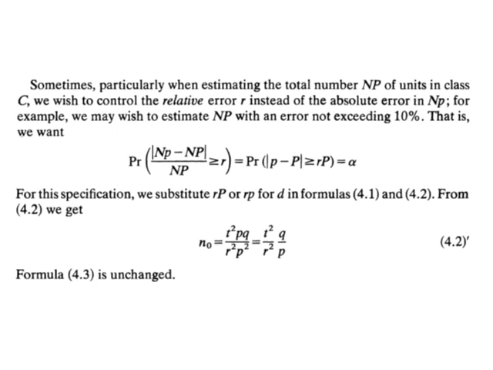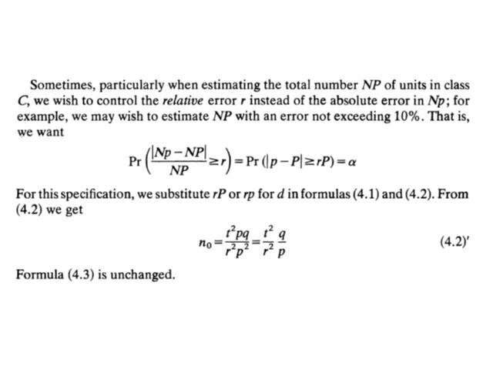That is, we want the probability that the absolute value of (Np̂ − NP)/NP is greater than R, which is equal to the probability that the absolute value of p̂ − P is greater than RP, to equal alpha. For this specification, we substitute RP for d in formulas 4.1 and 4.2.